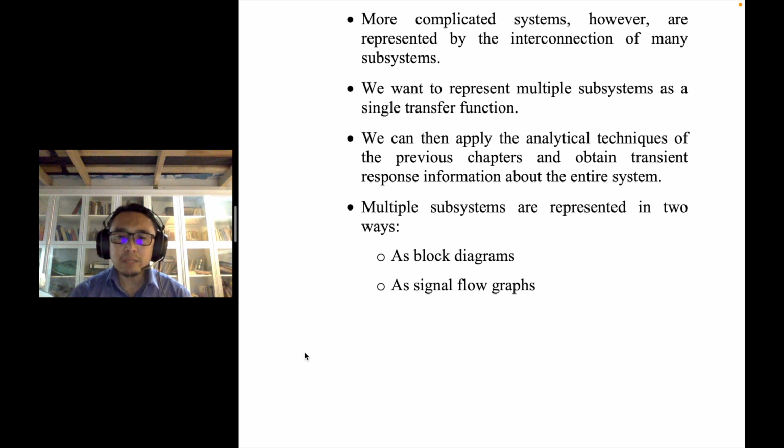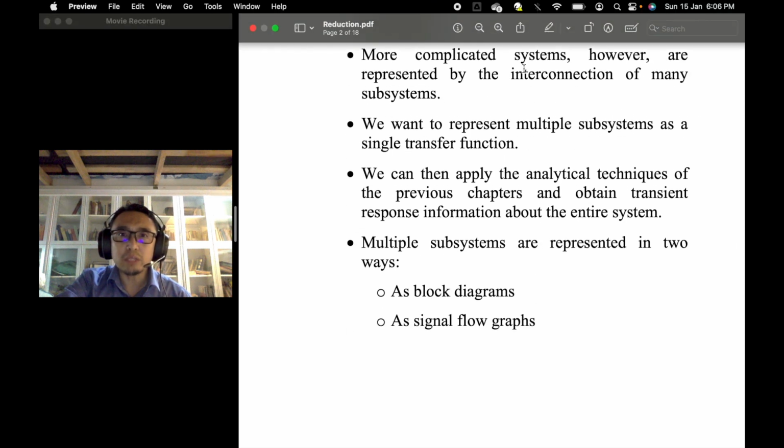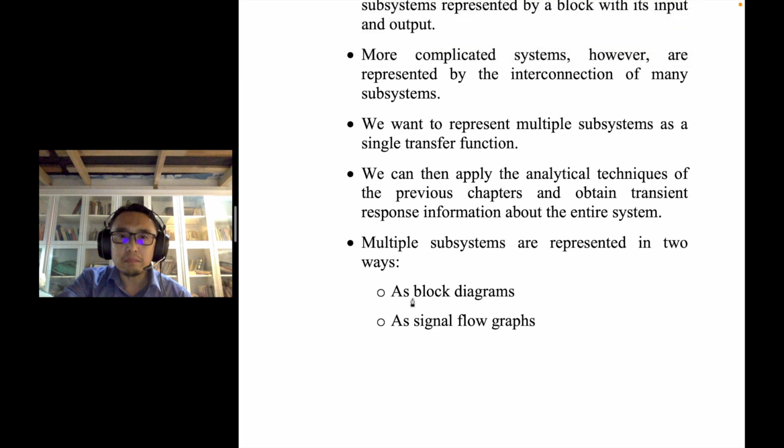Sometimes you combine several subsystems together, causing the overall system to be quite extensive. So how can we simplify the overall control system into one simple transfer function? We will focus our attention on the block diagram here.